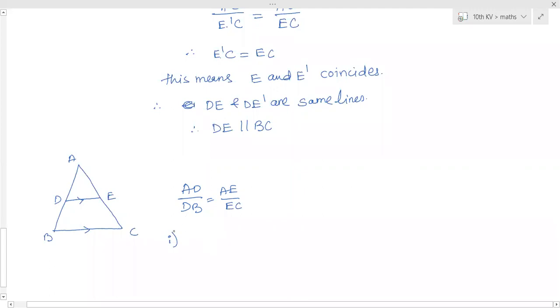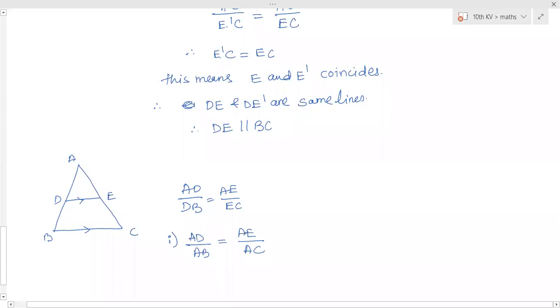What is that? We can tell directly AD by AB, that is the upper part and the whole side, is also equal to AE by AC.